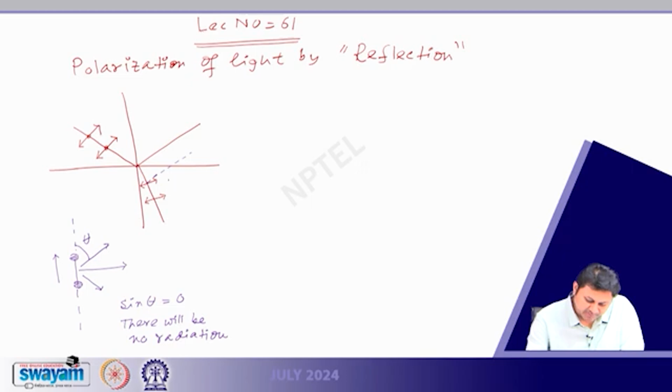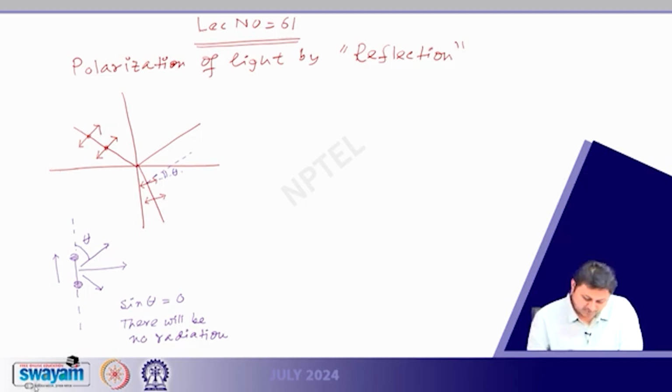Here the dipole is vibrating in this direction, and if I write this as my theta, then it is radiating along this direction. So I will get a component in this direction which is perpendicular, like this.